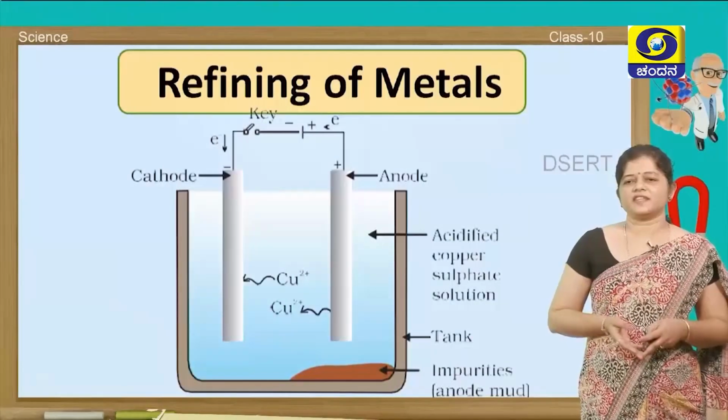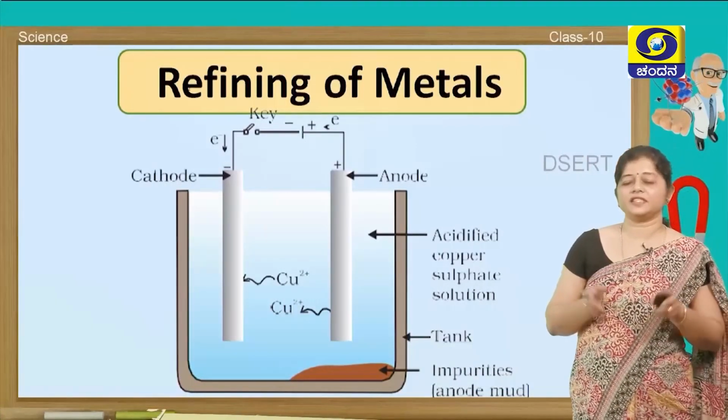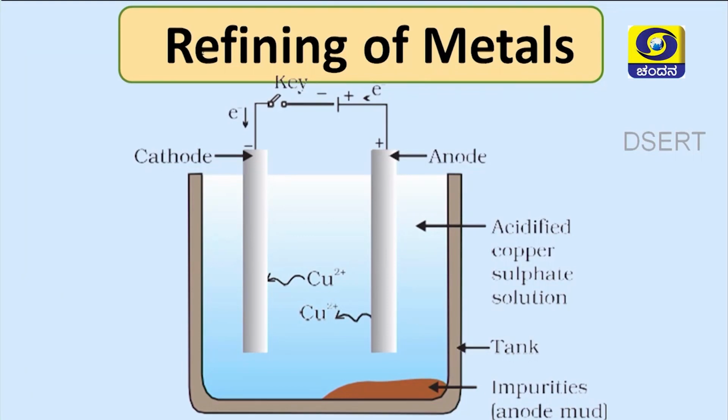This is an experimental setup where you can perform electrolytic refining. You have a cathode, an anode, and a solution. When electricity is passed through it, generally it will be the solution of the metal that has to be refined. Here it is an example of copper, and the solution taken is acidified copper sulfate solution.